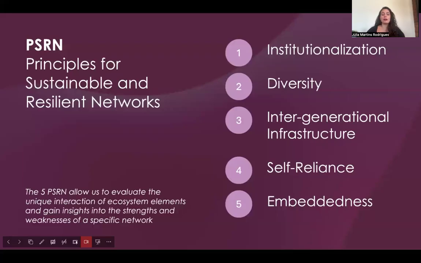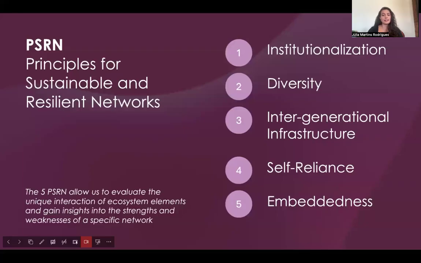And while some complex networks may defy general predictions due to their exceptional attributes, certain fundamental parameters hold true in most cases. These include the level of institutionalization of existing relationships, the diversity of agents, the presence of intergenerational infrastructure, the level of self-reliance enjoyed by individual co-ops, and the embeddedness of the network within the broader socioeconomic environment in which they operate.